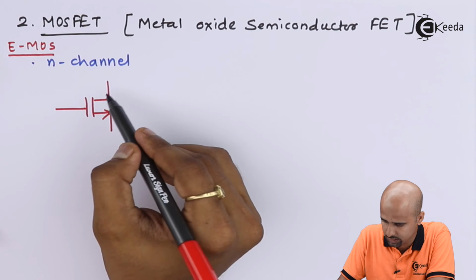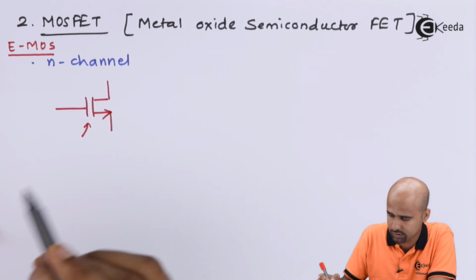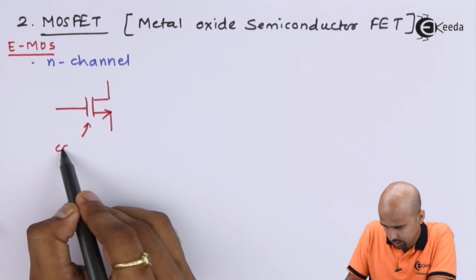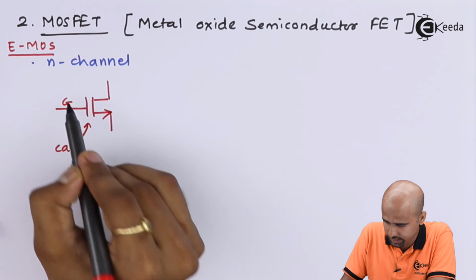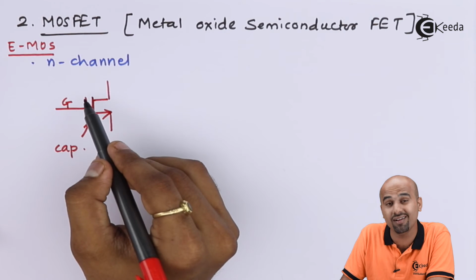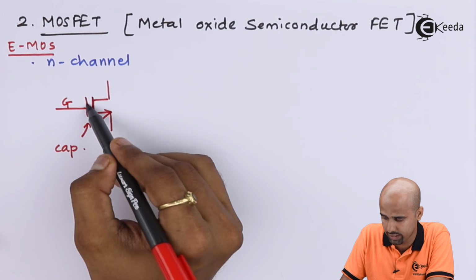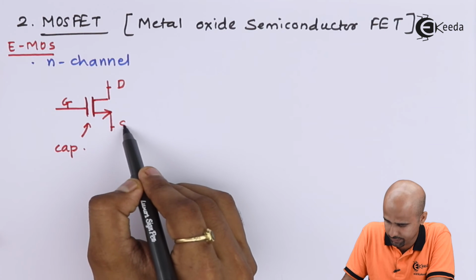This gap is represented with capacitors in between gate and the channel. So channel is not yet formed, right? We have to induce the channel in E MOSFET.